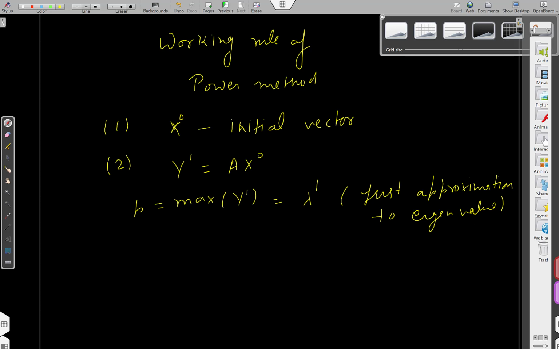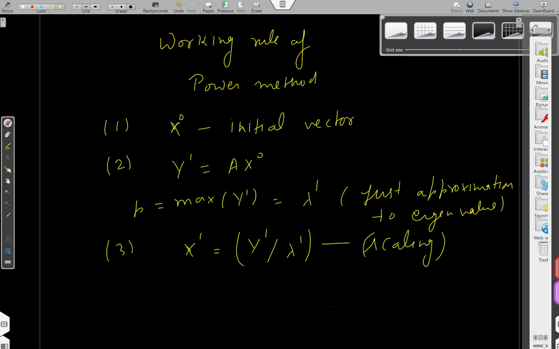Now the third step is what? After that, we will compute x1, that is the next approximation to the eigenvector, that is y1 upon lambda 1. This process is called scaling. Now we are scaling our vector.